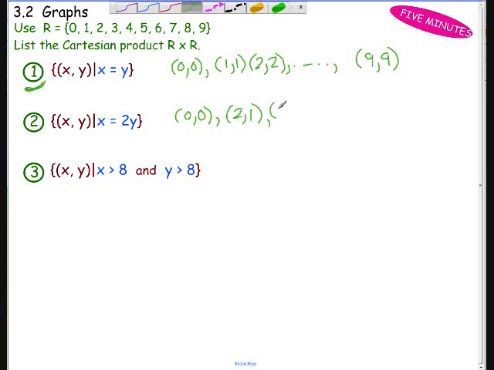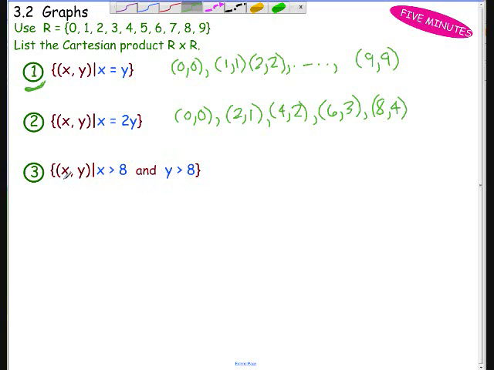We could have, well, we just got integers here, so (4, 2). We could have (6, 3), (8, 4), and then I've exhausted it, haven't I? I mean, my next one I think of is (10, 5), but 10 is not in the set.